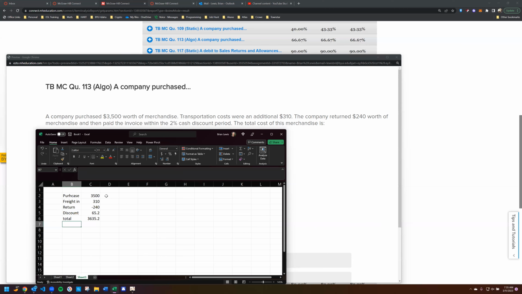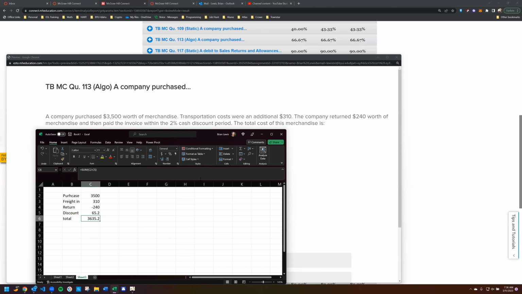Pay the invoice with a 2% cash discount. I bought that much and I returned 240. So that's what I'm paying the discount on. I'm not paying it on the freight because that's my cost, unless they're looking at the net cost after transportation. Now that might be a little bit of a dilemma, but let's look at this first and then we'll see if I got it right or wrong.